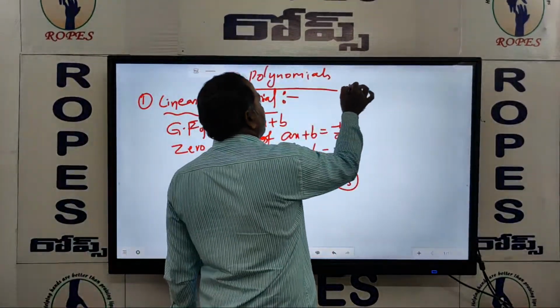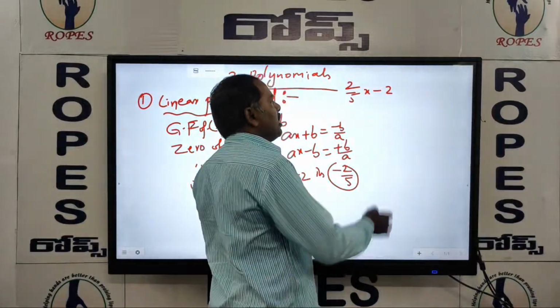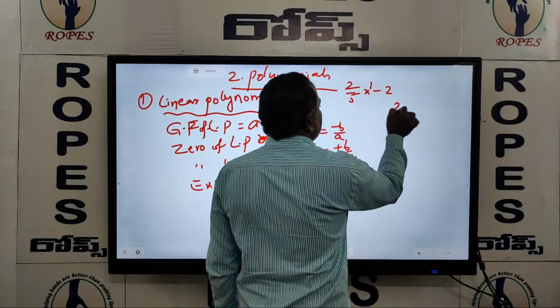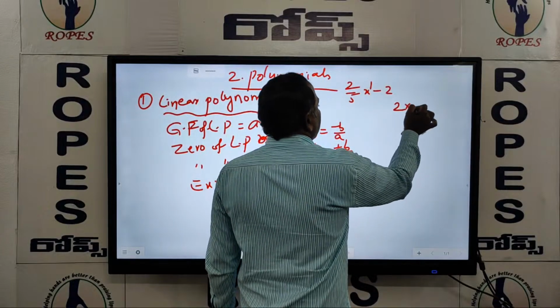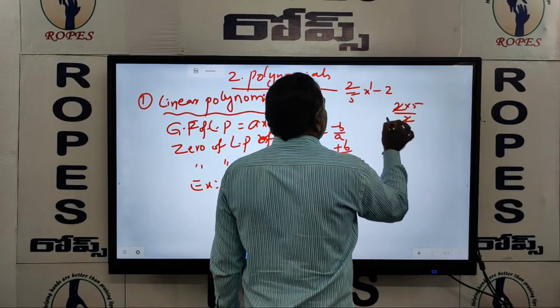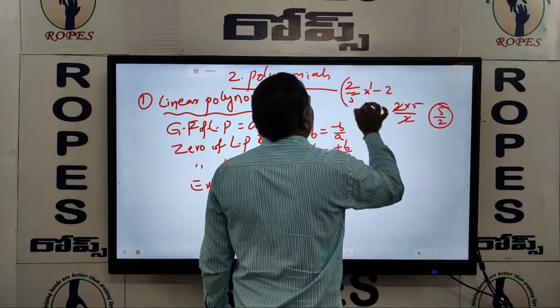For example, 2 by 5 x minus 2 is a linear polynomial because the degree is 1. Its zero is 2 into 5 by 2; the 2s cancel, so 5 is the zero of this polynomial.